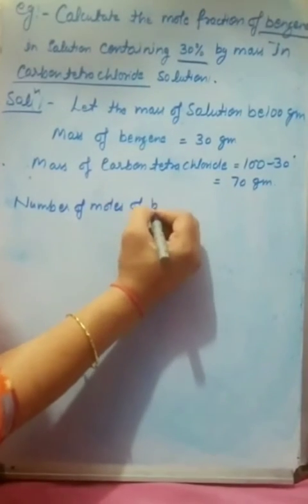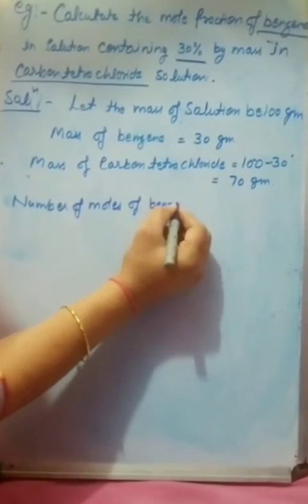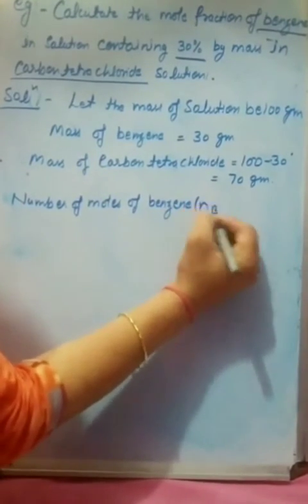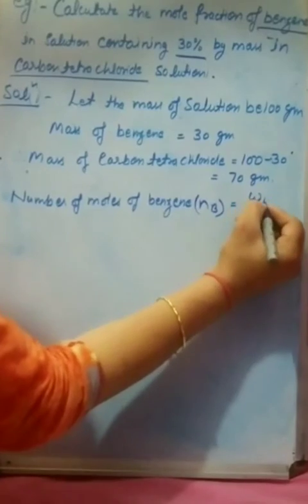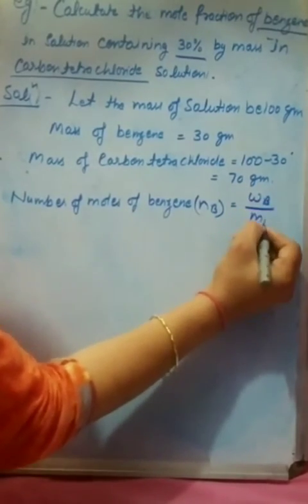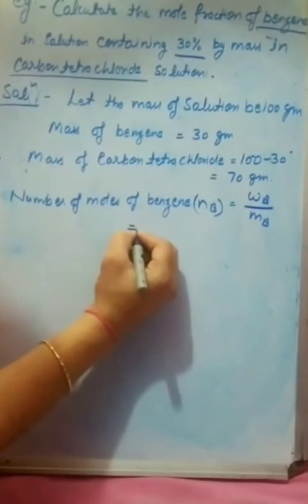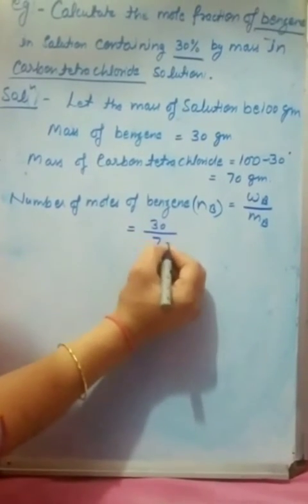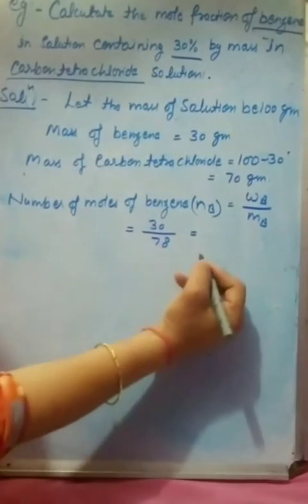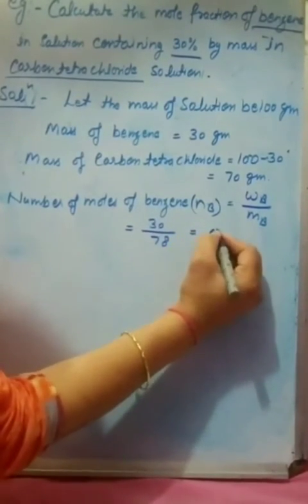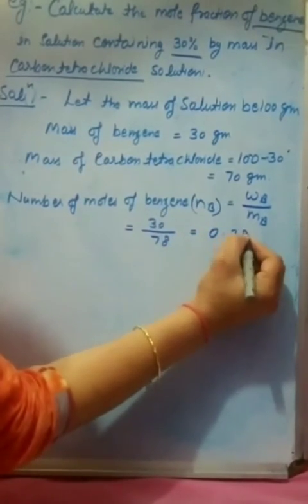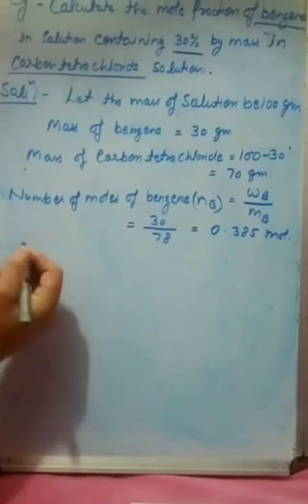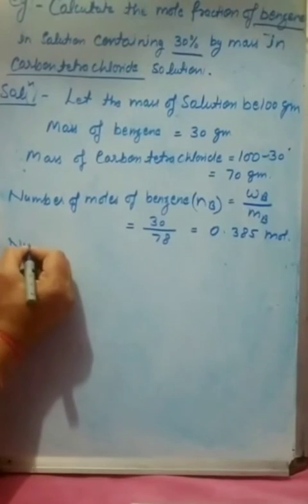Number of moles of benzene, that is NB, is equal to WB upon MB. WB is 30 and MB is 78. After calculating this, we find 0.385 mole of benzene.